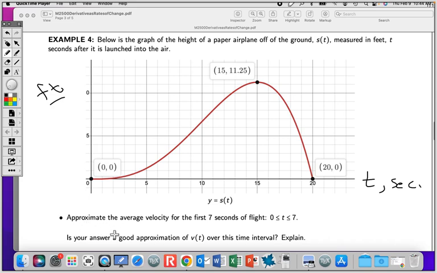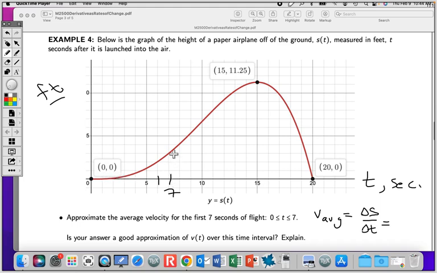It says approximate the average velocity for the first 7 seconds of flight, t between 0 and 7. So we're looking at t values between 0 and 7. Here's 5, 6, 7. The average velocity is going to be the change in height over the change in time. We're starting at 0, 0.